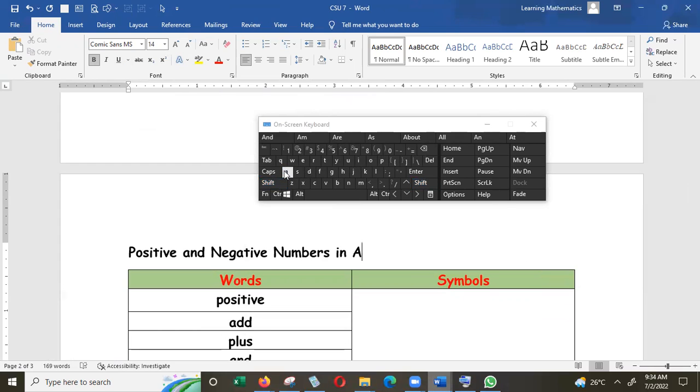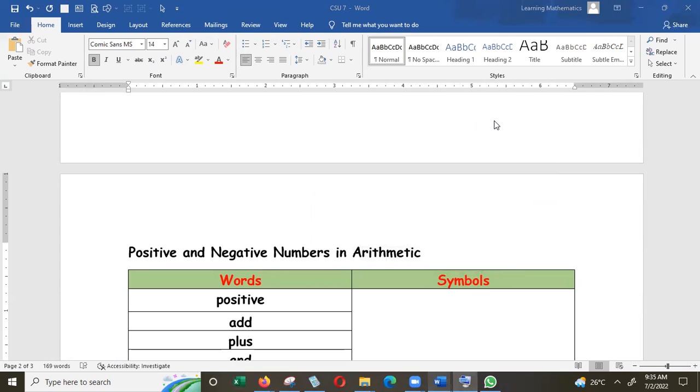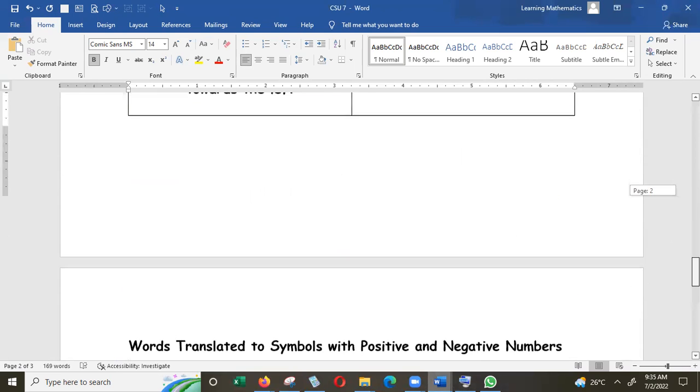In statistics, in probability analysis, the translation for and is a multiplication, but here in arithmetic, and is a plus sign. So we already established and is a plus sign.